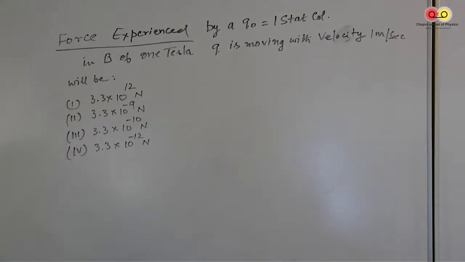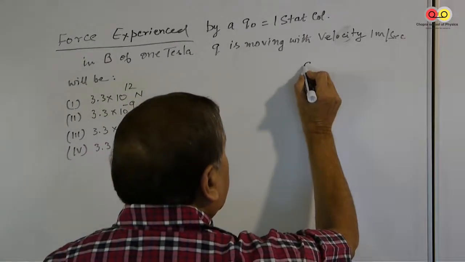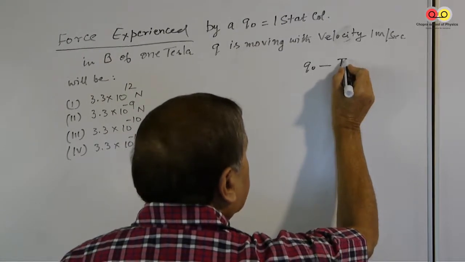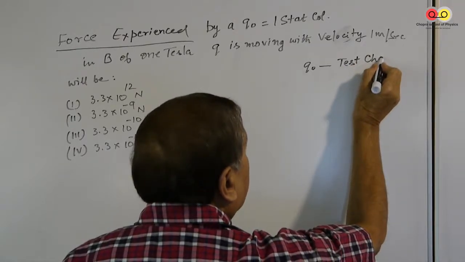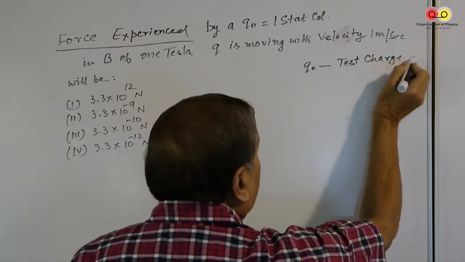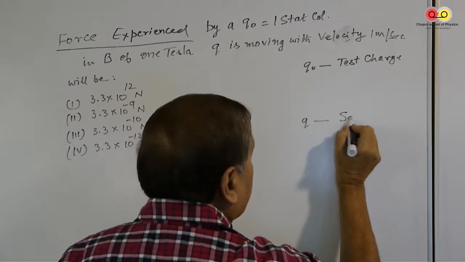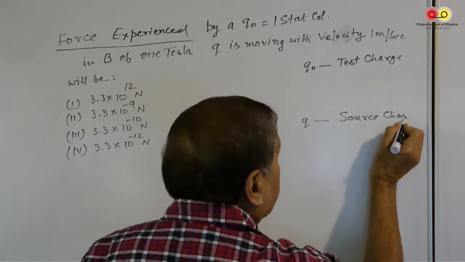Now, first of all, the question is given in the form of symbolic representations. You will remember, when we write Q naught, this is called test charge. And when we write Q, this is called source charge.